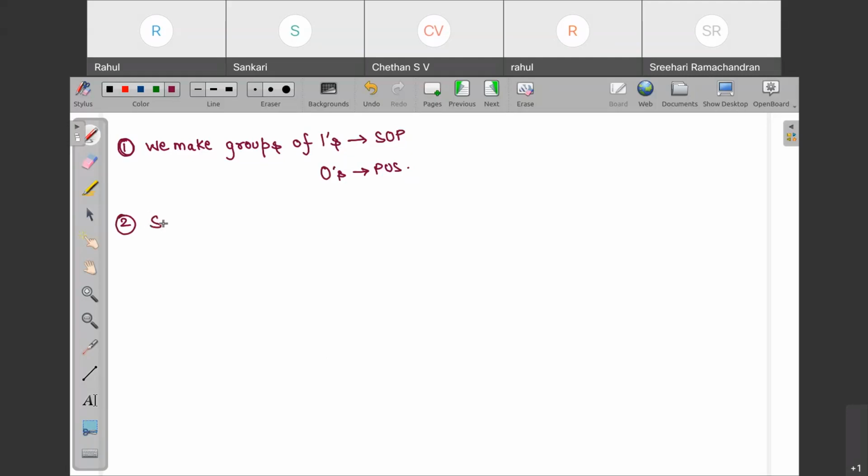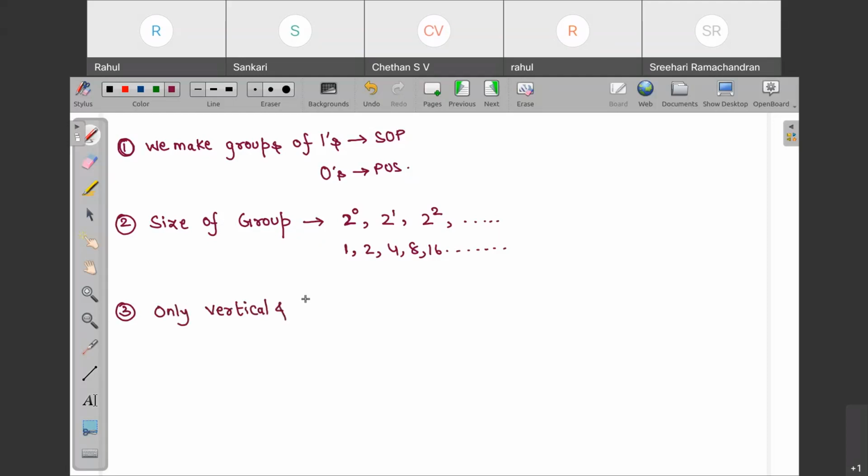Second, the size of a group will always be a power of 2: 2 to the power 0, 2 to the power 1, 2 to the power 2. So group size will be 1, 2, 4, 8, 16. Third, only vertical and horizontal groups are allowed.